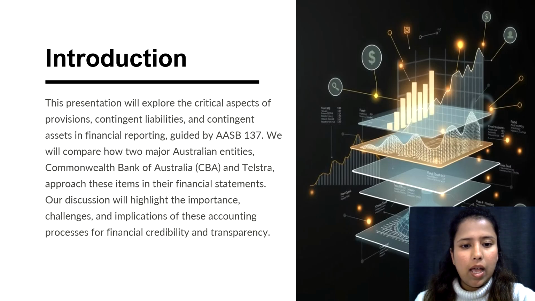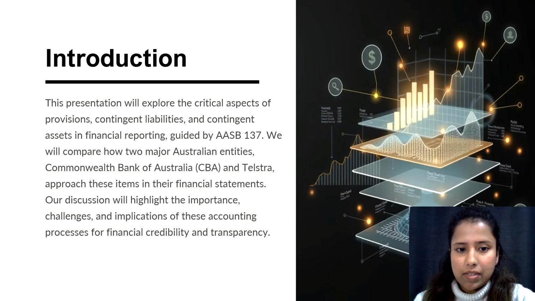So this report is recognizing and looking at how contingent assets, contingent liabilities, and provisions are recorded by Commonwealth Bank of Australia and Telstra in accordance with the Australian Accounting Standard, AASB 137.